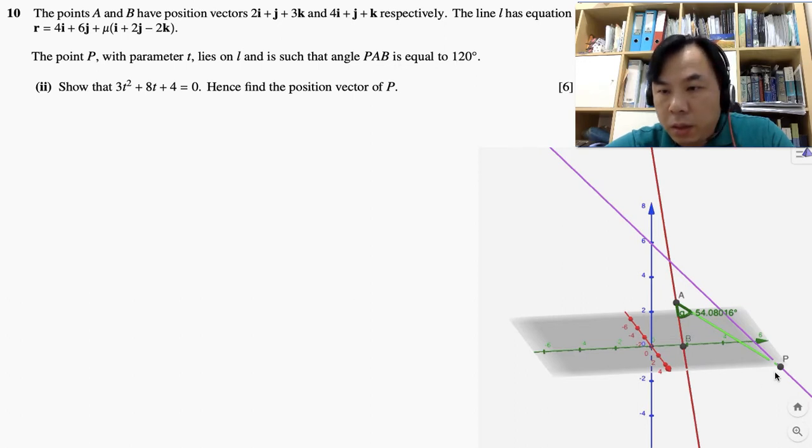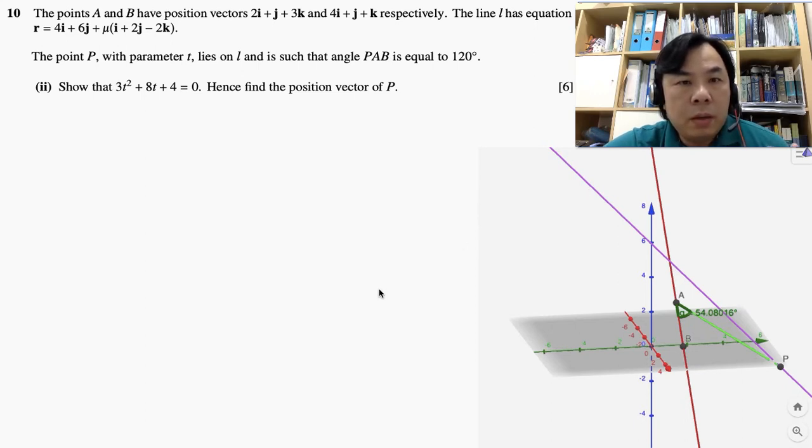So angle PAB creates a 120 degree angle. Here we just need to check that there is such a point lying on line L that will produce an angle PAB equal to 120.